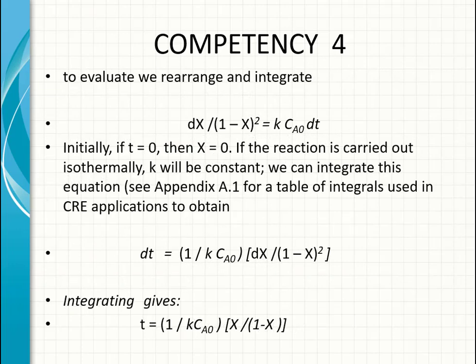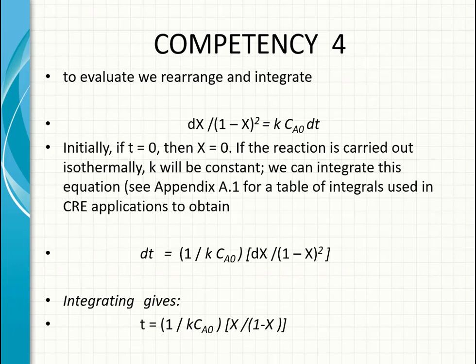To evaluate, we can rearrange and integrate: dX divided by (1 minus X) squared equals k Ca0 dt. Initially at time t equals 0, X equals 0. If the reaction is carried out isothermally, k will be constant, so we can integrate this equation.